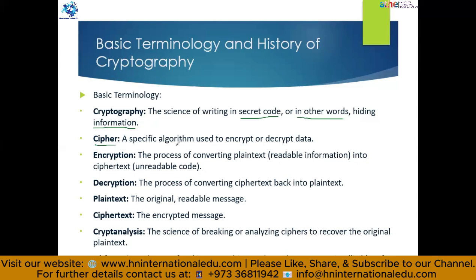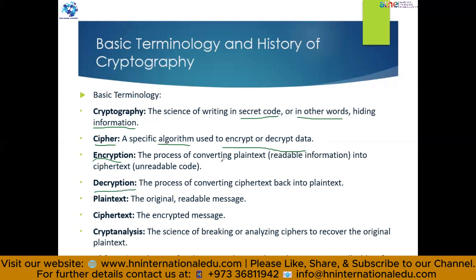Cipher, a specific algorithm used to encrypt and decrypt. So cipher means we are using a specific technique, specific algorithm, specific methodology to encrypt our information and decrypt our information. And what does it mean by encryption and decryption?